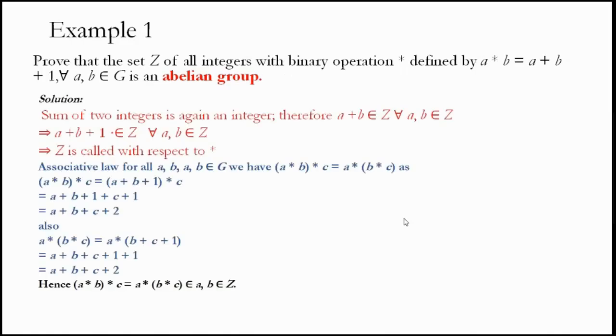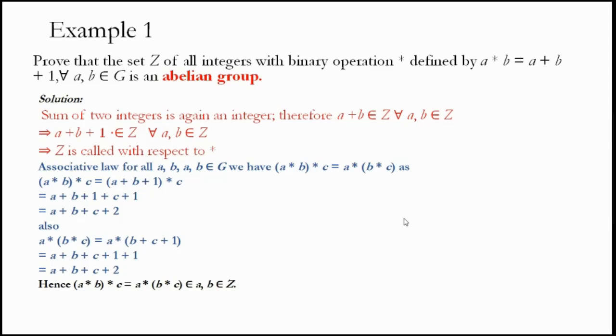The sum of two integers is again an integer. Therefore A plus B belongs to Z for all A, B belonging to Z. So A plus B plus 1 belongs to Z for all A, B belonging to Z. So Z is closed with respect to star.